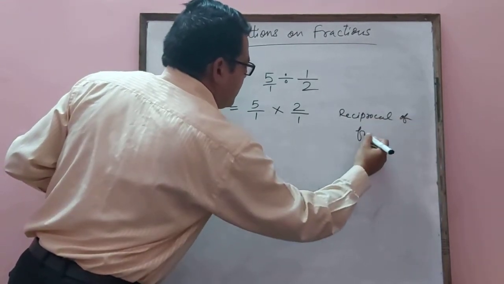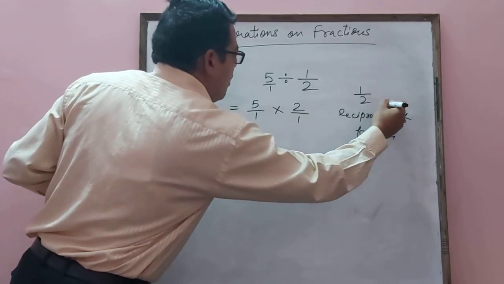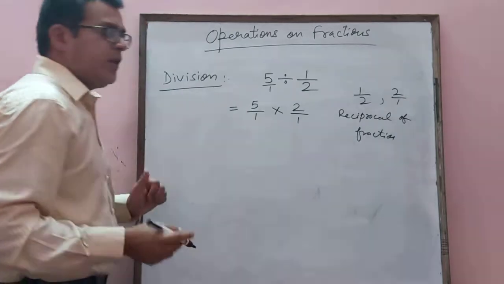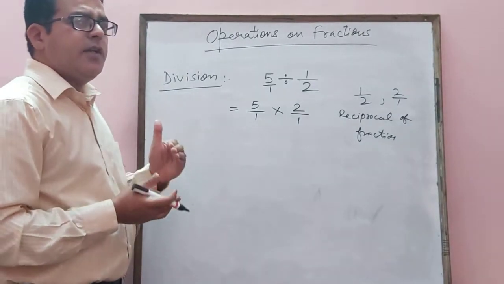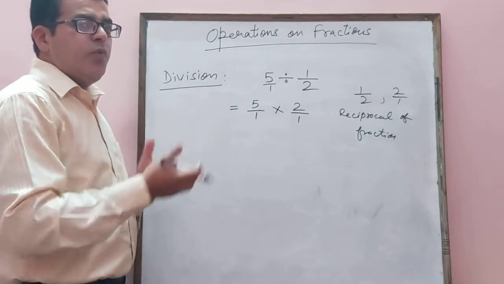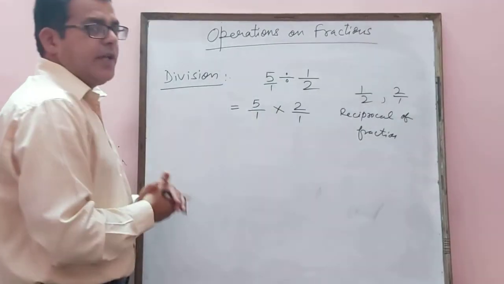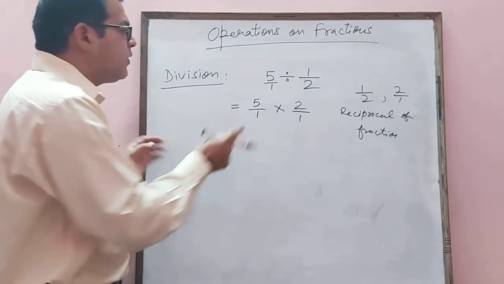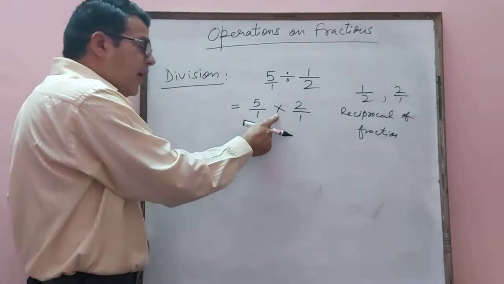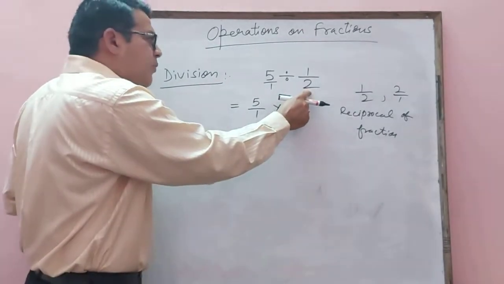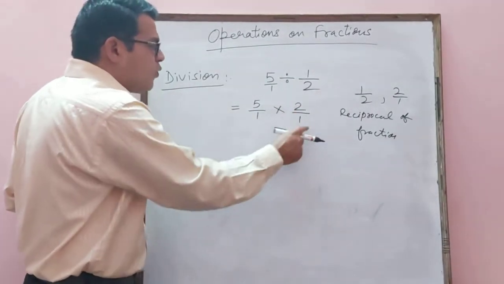Reciprocal of a fraction it is called. So the reciprocal of 1 by 2 is 2 by 1. What is a reciprocal? We are just interchanging the numerator and the denominator. So we can write like this. In the symbol of division we can write multiplication, and we have to take the reciprocal of this divisor. 1 by 2 is the divisor, so we can write it as 2 by 1.